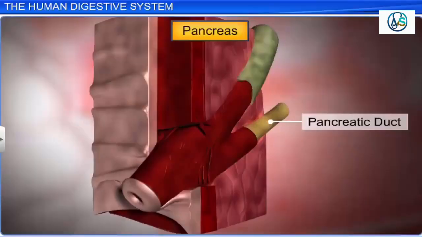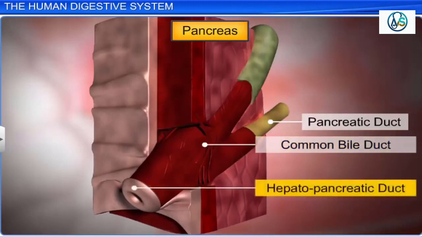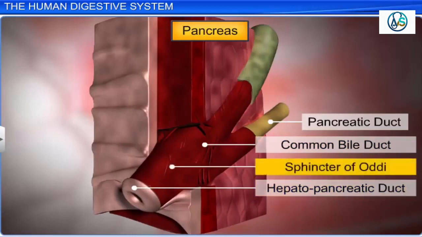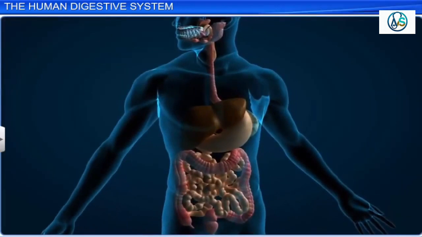The pancreatic duct, which carries the pancreatic juices from the exocrine portion, joins the common bile duct, and both of them open into the duodenum as the hepatopancreatic duct, which is guarded by the sphincter of Oddi. Together, the organs of the alimentary canal and the associated glands digest the food we eat and eliminate the undigested food.